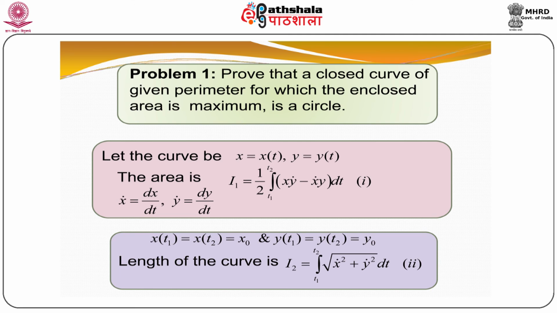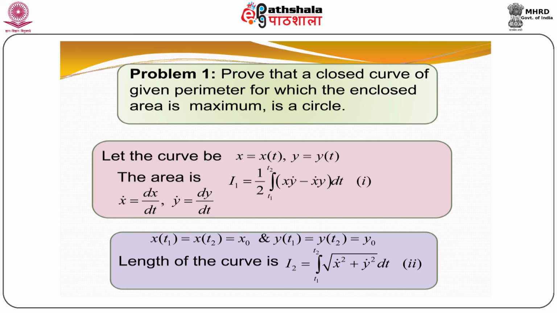Let the parametric equation of the curve be x equal to x(t), y equal to y(t), where t is the parameter. Then the area enclosed by the curve is given by I1 equal to half the integral from t1 to t2 of (x y dot minus x dot y) dt.